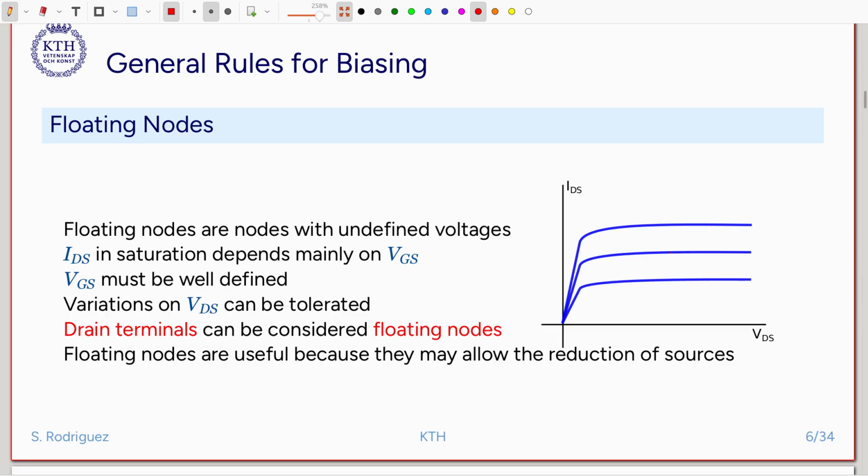If we have our operating point, for instance here, operating point Q, we place this transistor well in saturation, and we basically decide at which VDS the transistor is going to work, and then we take enough margin so that this VDS can go up and down depending on the linearity requirements. We can see from here that the variations on VDS can be tolerated as long as the linearity requirements are not violated.